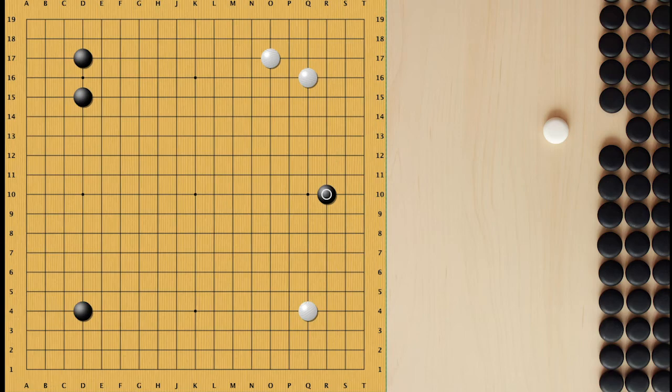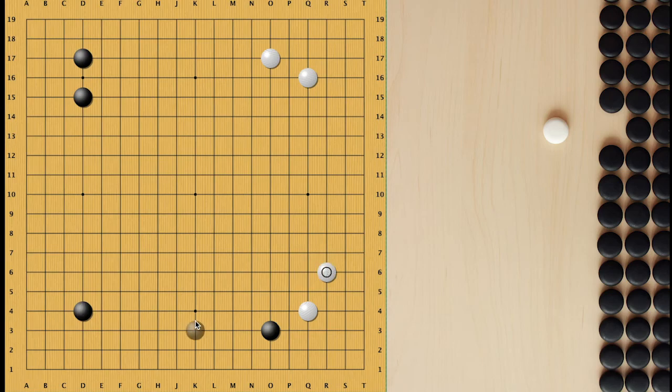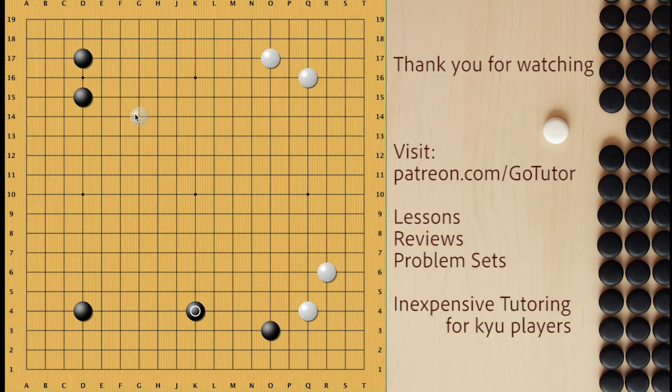A calm splitting move would negate the direction of the white enclosure in the upper right, or he could also approach in the lower right, because on the bottom side it's unplayed by either player and he's approaching with the backing of his own stone. And if white were to play, say, a calm response, you could see that black has a nice formation on the lower side that also kind of connects to the upper left with only a single more move in that direction.